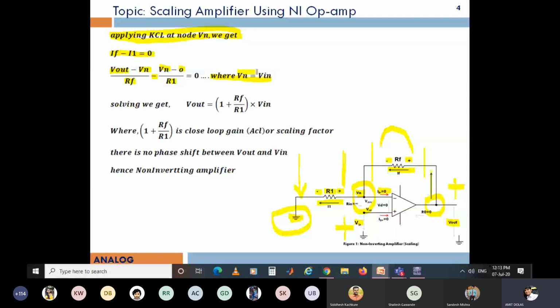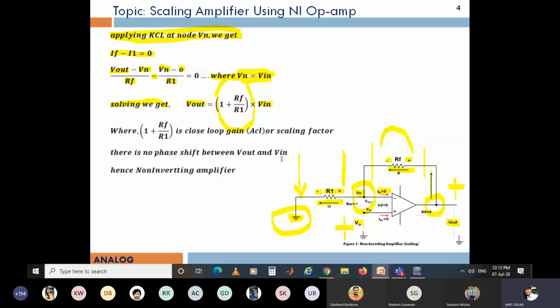That's why we use this: Vn is nothing but the input voltage Vin. So putting the value of Vn and solving the above equation, it is very easy to solve. Solving the above equation, we get the output voltage is equal to 1 plus Rf upon R1 times Vin.